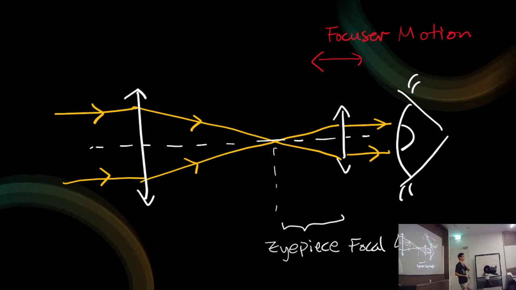Otherwise, the whole thing will be blurry. So effectively, this means that every time you change the eyepiece to a different focal length, you need to readjust the focus. So what you're effectively doing is moving it so that the lens element is at the correct distance from the focal plane. So this is what we need.